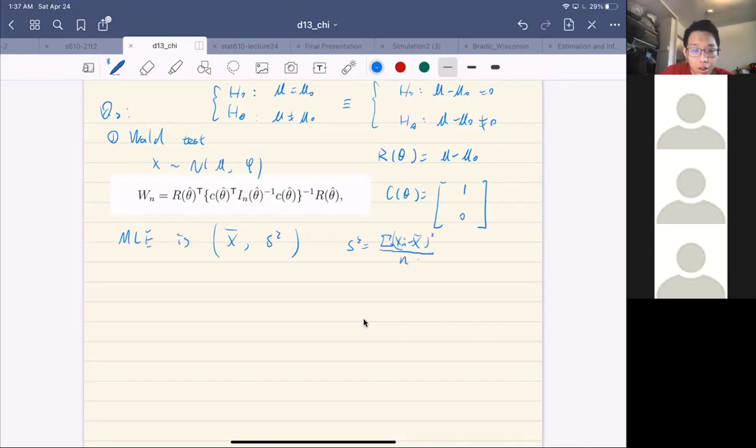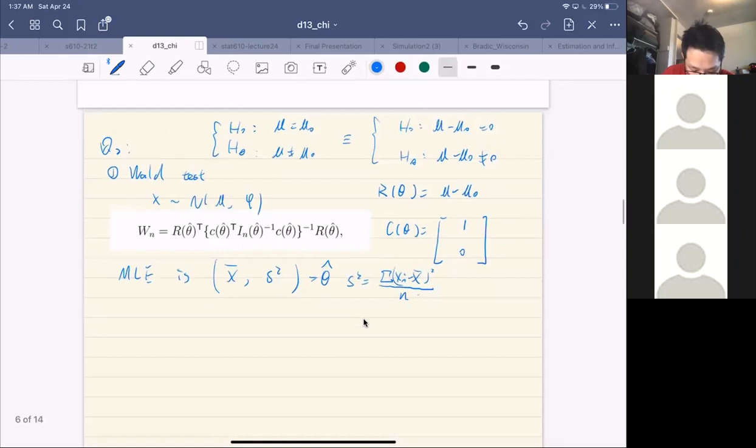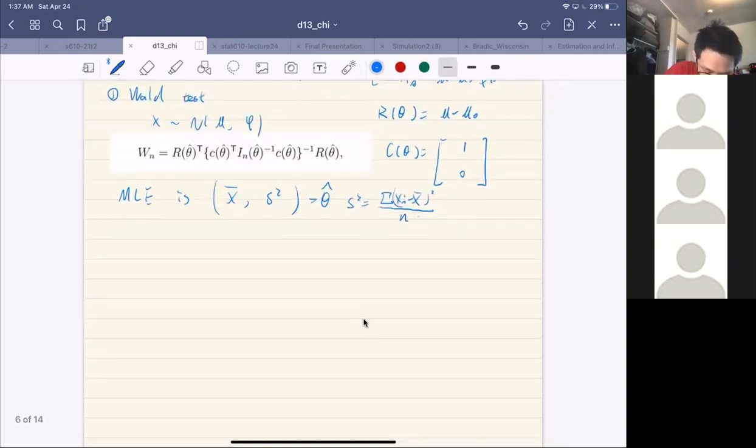So this is theta hat, the MLE. All we need to know is what is I theta.